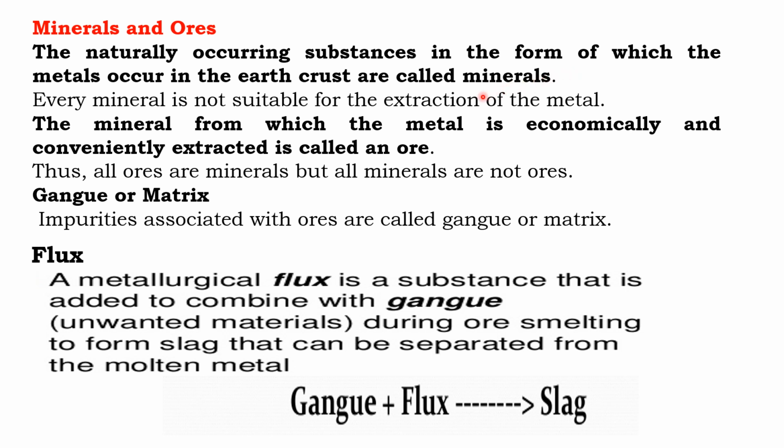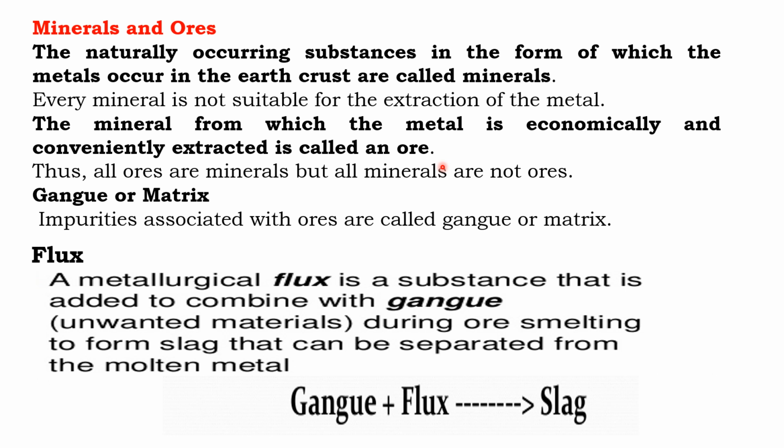Certain minerals are suitable for extraction economically, while some others are not suitable for extraction. The mineral from which the metal is economically and conveniently extracted is called an ore. That means all ores are minerals, but all minerals are not ores.